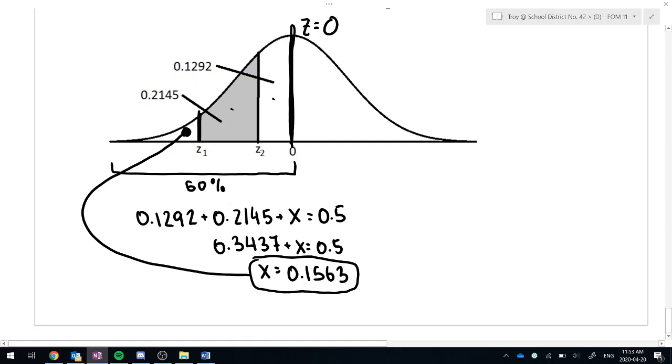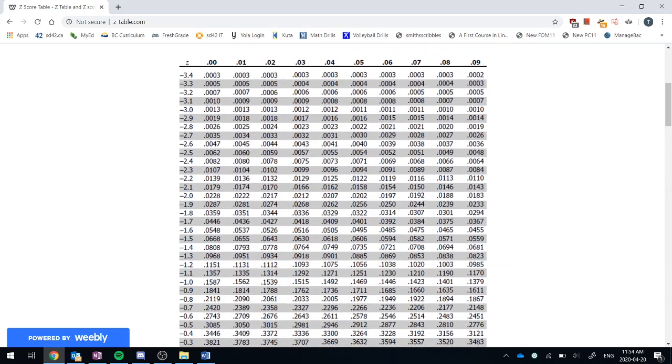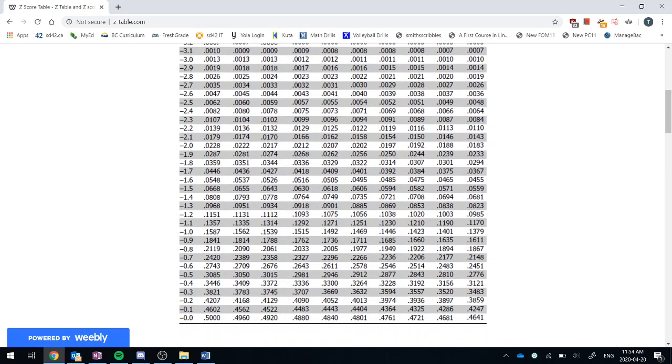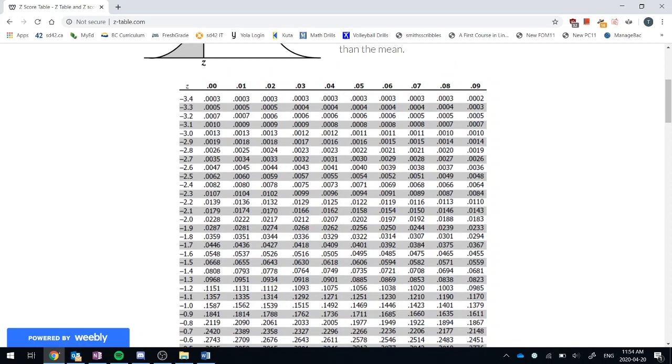So we're going to have to go to the negative values and try to find 0.1563. 0.1563 is nowhere to be found. So sometimes you're going to have to take things that are as close as you can. The closest one is going to be this guy, 0.1562. We're off by 0.0001, but that's okay. That's about as close as we can get. Okay, so that's going to be negative 1.01.